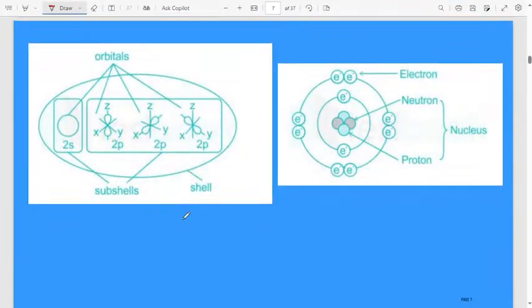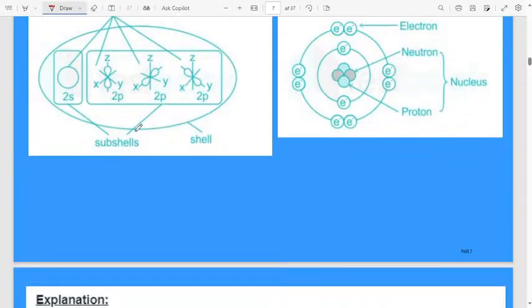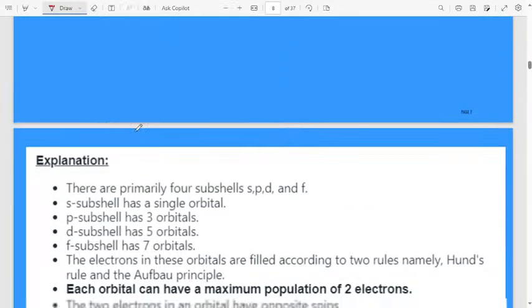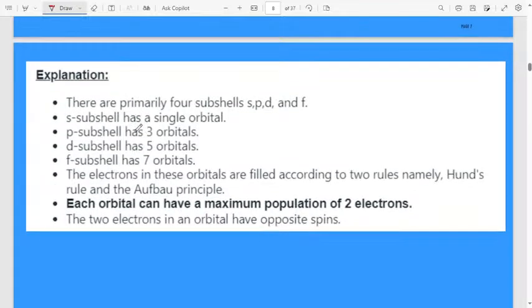Consider here 2s, the maximum number of orbitals is 1. 2p has 3 subshells, and the orbitals can occupy a maximum of only 2 electrons at a time, whether it is a p shell or an s shell. At a time they can occupy a maximum of 2 electrons. There are primarily 4 subshells: s, p, d, f.